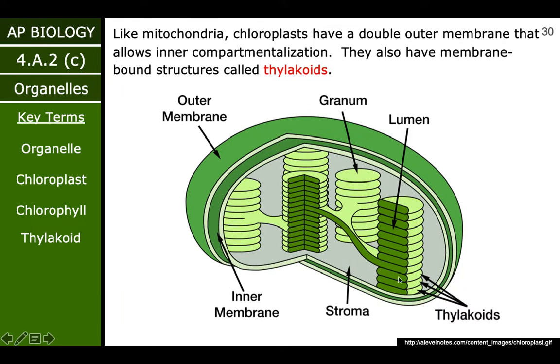I just kind of want you to get familiar with this structure and be able to diagram it. So I would practice diagramming this, just really basic. Okay, you don't even really have to show them connected like this. You can just have stacks of pancakes inside of here. Make sure you get the 2 membranes, and be able to tell me that that's only found in plant cells or algae cells, things like that.